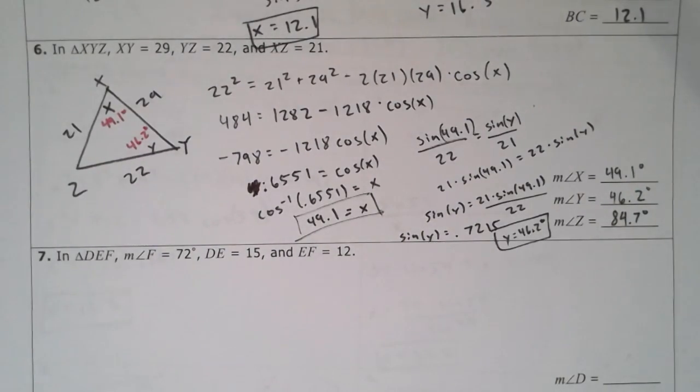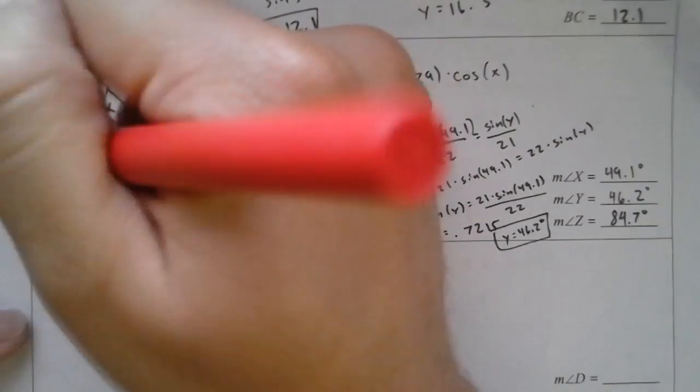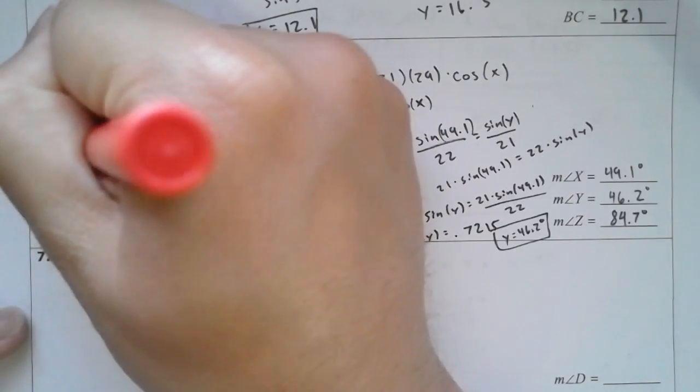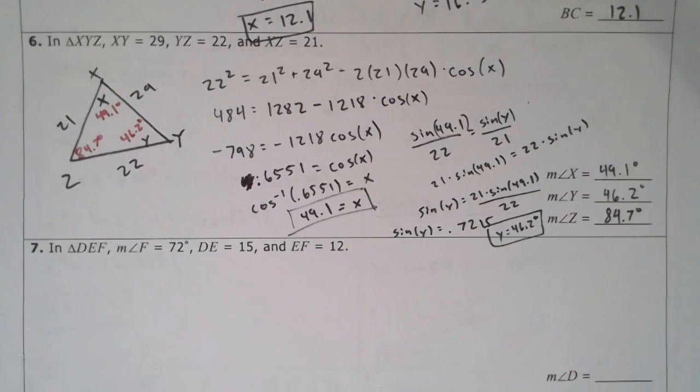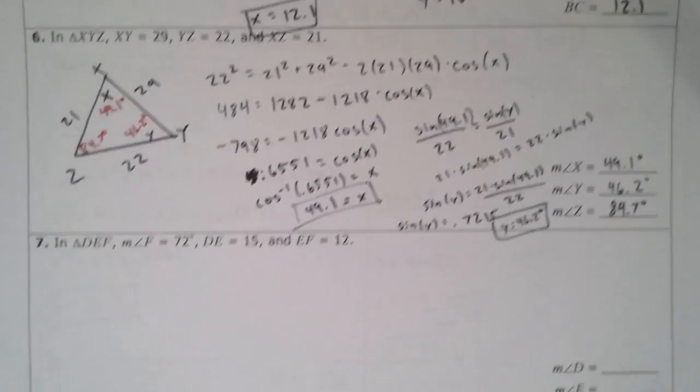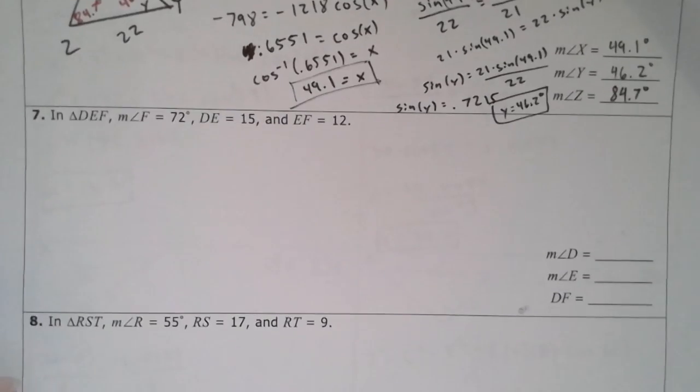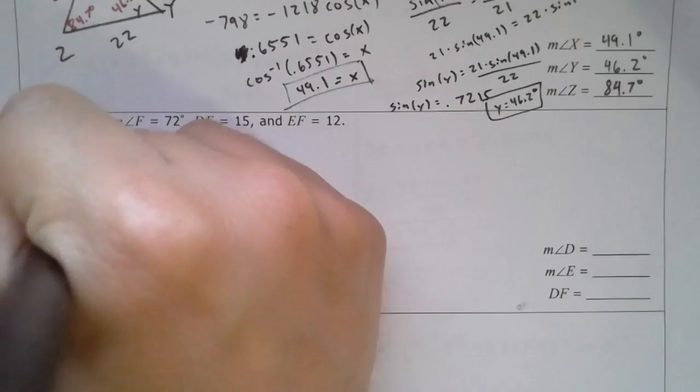So that's angle Z. And we just solved this triangle. Now we have all the sides and all the angles. Number 7, triangle DEF.